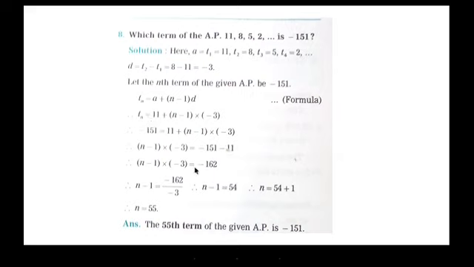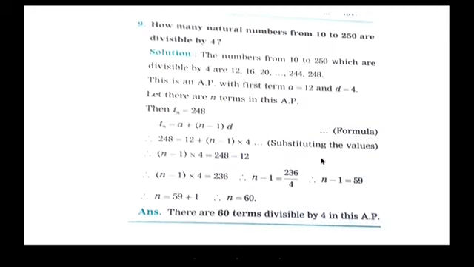So n minus 1 into minus 3 will give us minus 162. That means n minus 1 is equal to minus 162 upon minus 3, that is 54. So n is equal to 54 plus 1. So n is equal to 55. So the 55th term of the given AP is minus 151.